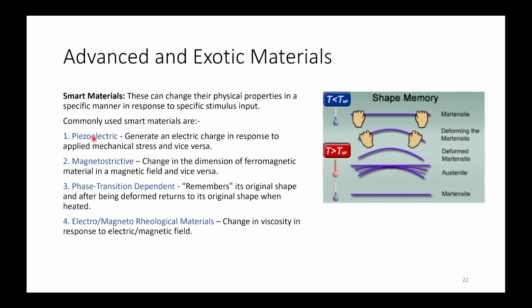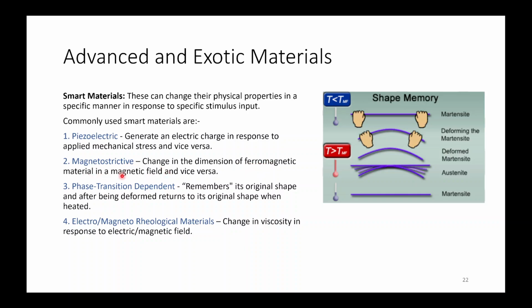First is piezoelectric, which generates an electric charge in response to applied mechanical stress and vice versa. So we can apply a mechanical stress on a material and then it can produce some electric voltage as well. In case of magnetostrictive, it will be changing its dimension in ferromagnetic materials in a magnetic field.